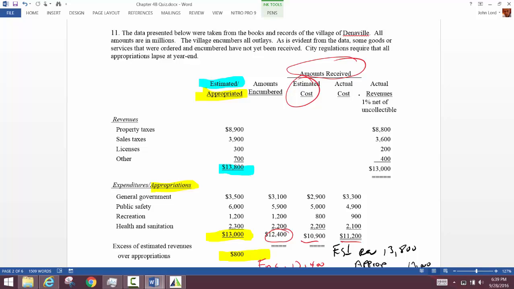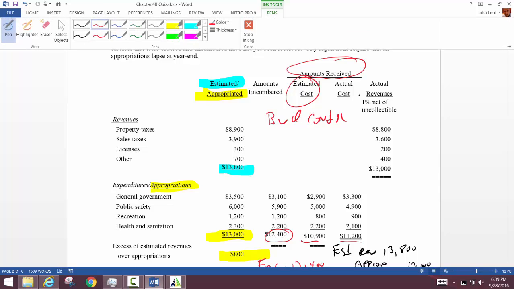We had an estimated cost of 12,400, and it's come in at 10,900. What do you do when the goods come in? Debit the budgetary control. For, hang on, let me rewrite that. Yeah. Let's fix that.